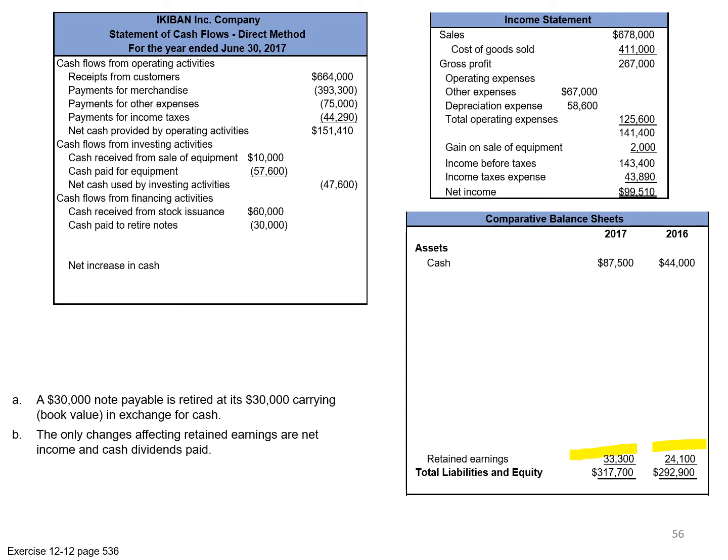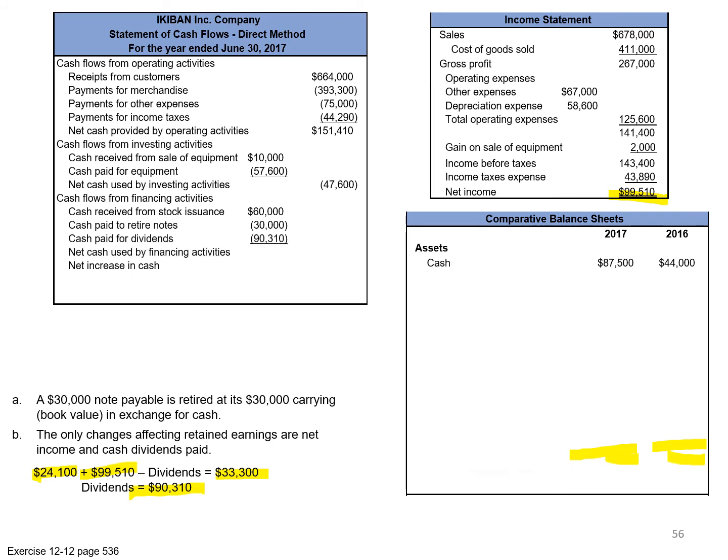So the way we figure that out is we have our beginning balance of 24, plus our net income of 99,510, less dividends equals the ending balance of 33. So if you solve for dividends, you get $90,310. So that's going to be a reduction in cash. We're paying dividends out. So we have net cash used by financing activities of $60,310.